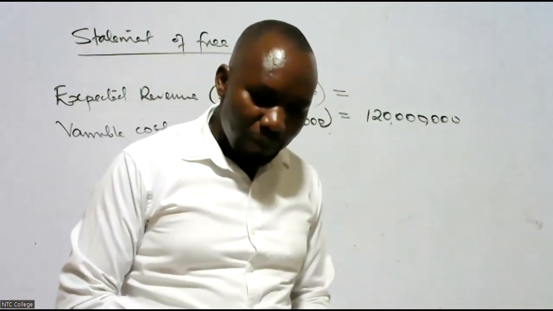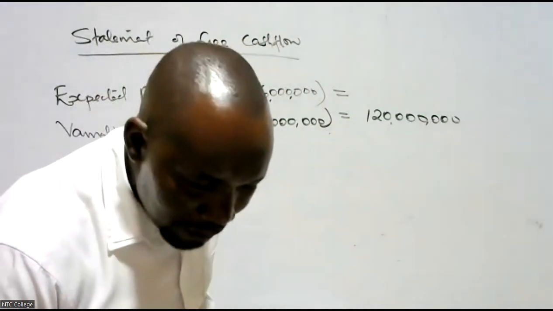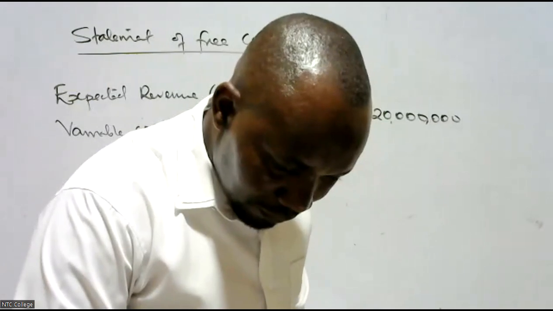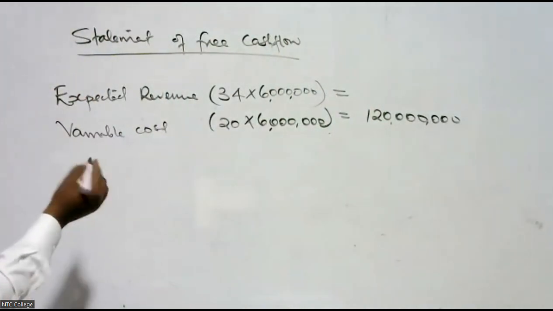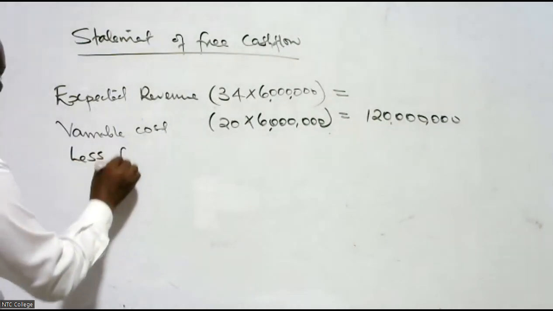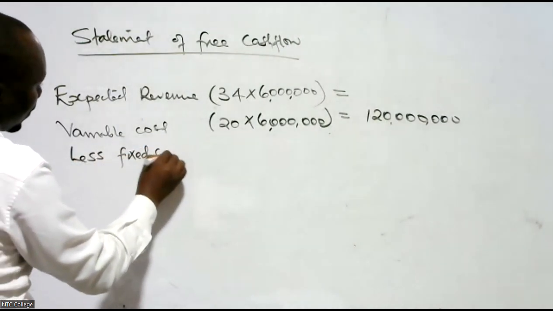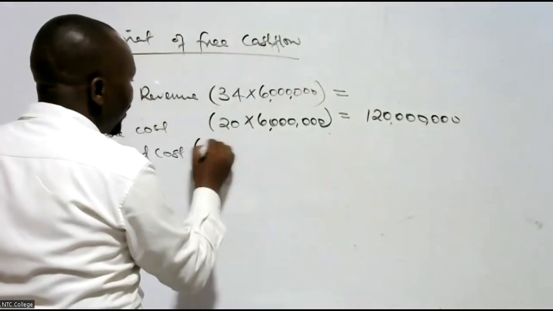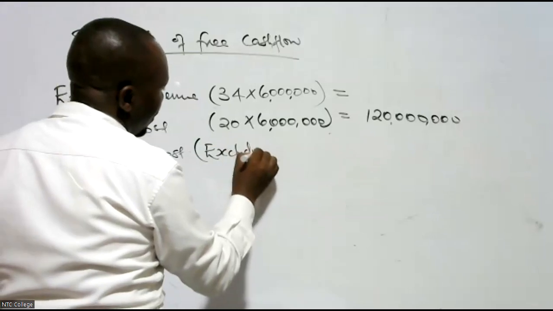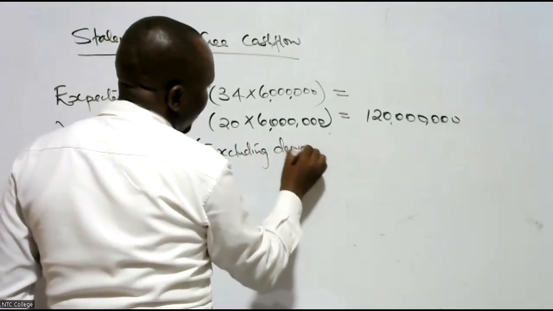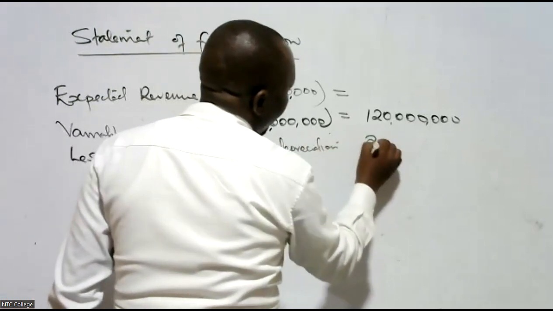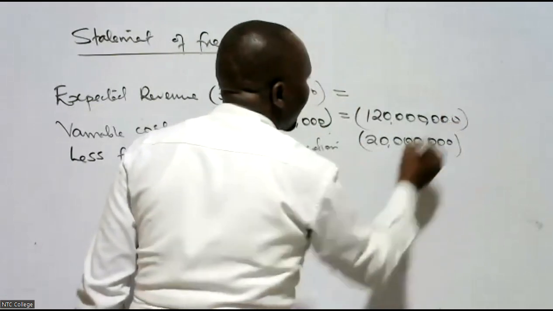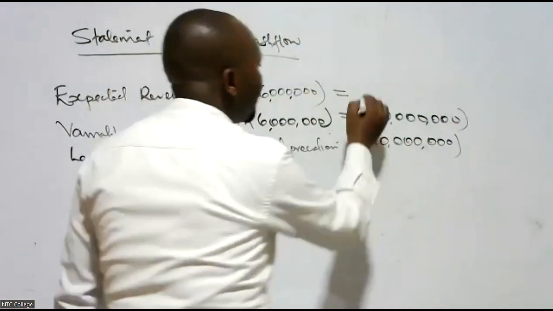Now from here, we can subtract our fixed cost. So what is the fixed cost? Less fixed cost. Fixed cost, we are told, excluding depreciation, is 20 million.